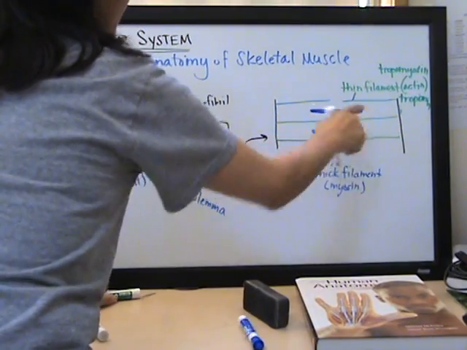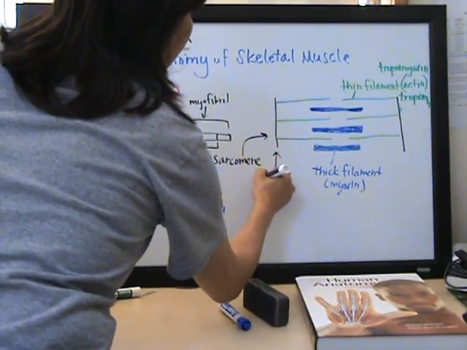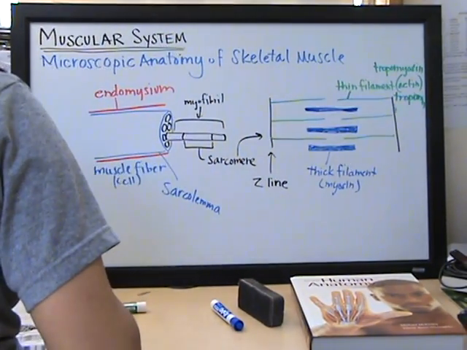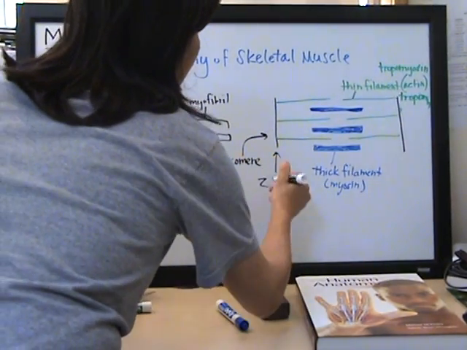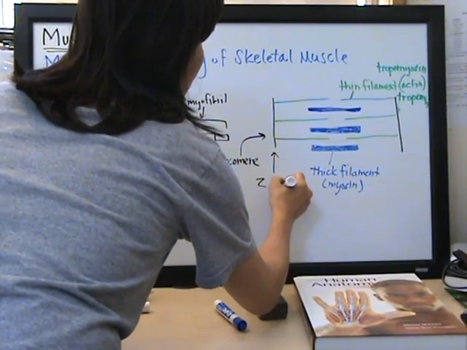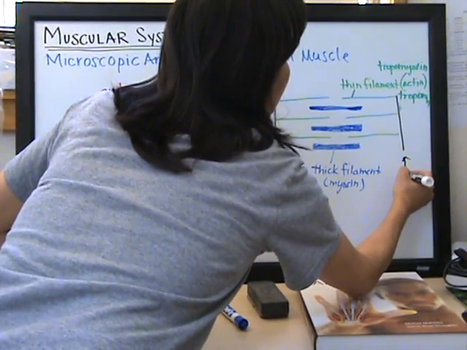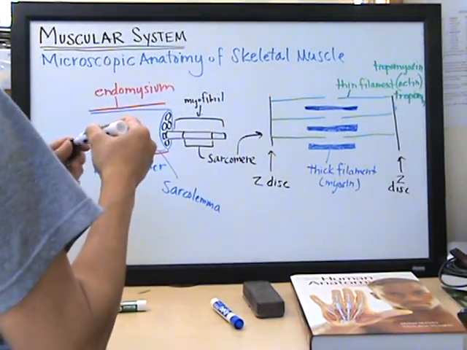Now these divisions where the sarcomere begins and ends are called the Z-line, or the Z disc. Maybe I'll keep with the book. The Z disc. Here and here's a Z disc. Okay.